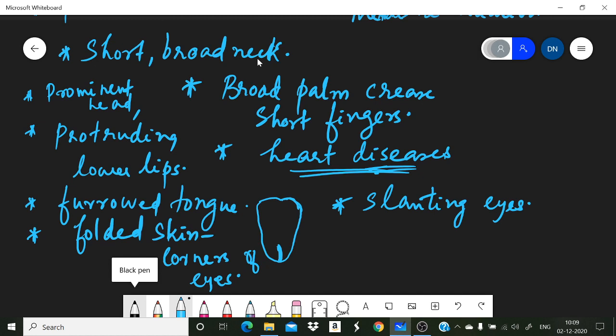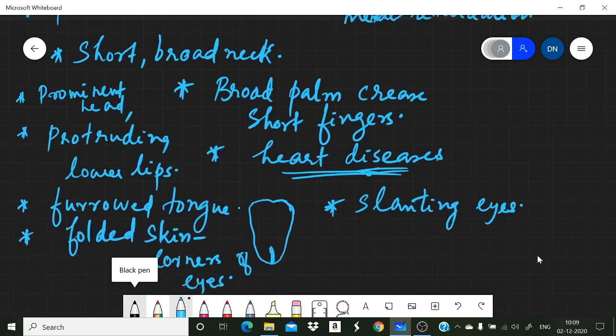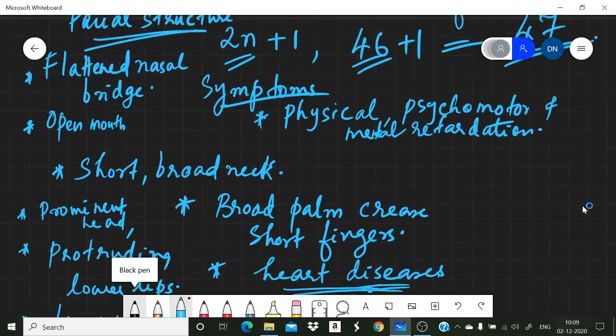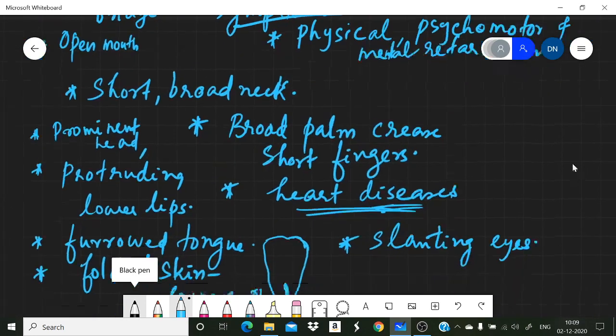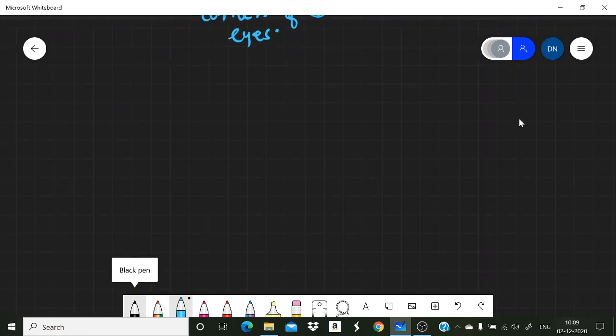Now we will see sex chromosomal disorders. Genetic disorders are classified into two: autosomal disorders and sex chromosomal disorders. Down syndrome is an example of an autosomal disorder.